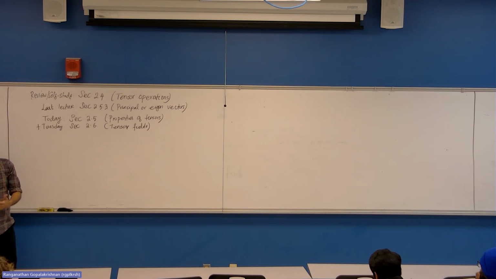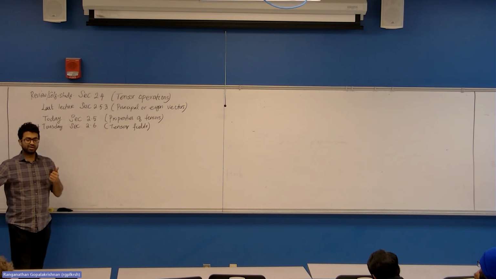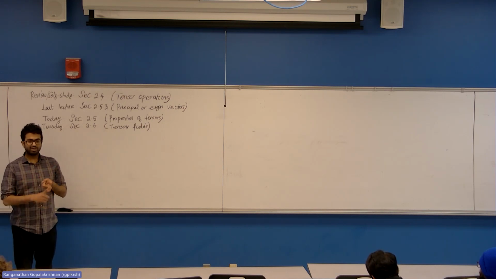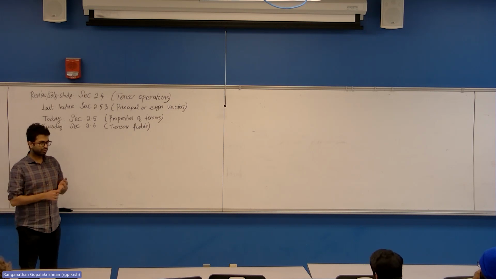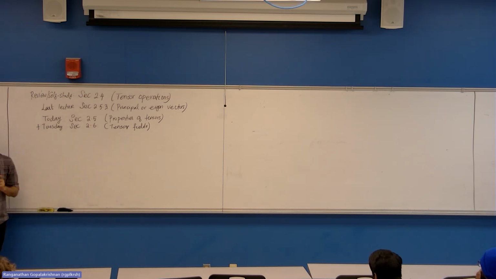It may not take up today's entire lecture, so we'll try to get through. And 2.6, tensor fields, is essentially your gradient, divergence, curl, Laplacian, those sort of operators, and how to derive them in tensor notation. So that we'll discuss.